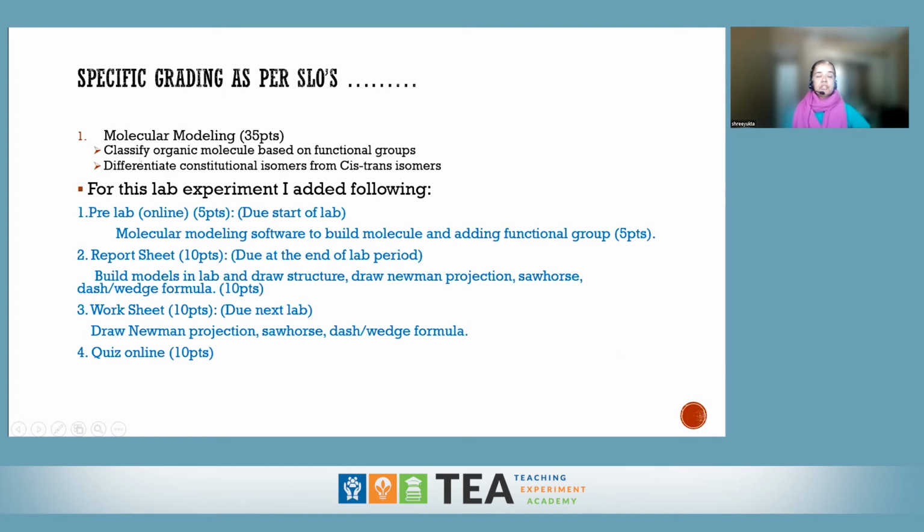So the first lab is molecular modeling, with a total of 35 points, which classifies organic molecules based on the functional group and differentiates between cis and trans isomers. For this lab, I added a pre-lab, which is online.